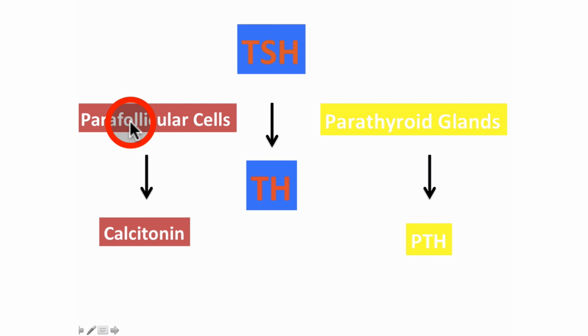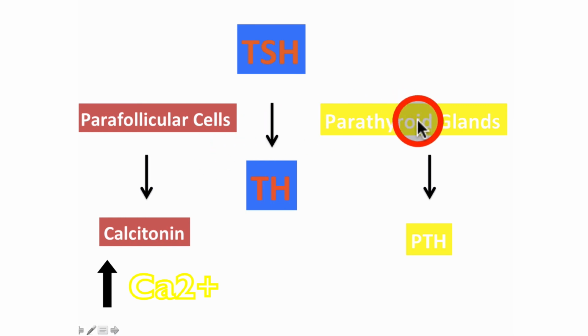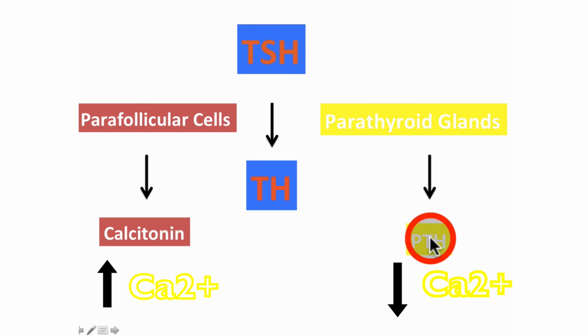The parafollicular cells, which are adjacent to the thyroid follicles, hence the name parafollicular, release calcitonin during times of elevated blood calcium levels. The parathyroid gland, which is on the backside or posterior aspect of the thyroid gland, releases parathyroid hormone during times of diminished blood calcium levels.